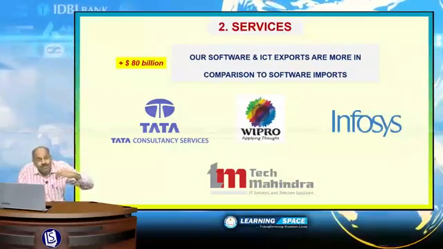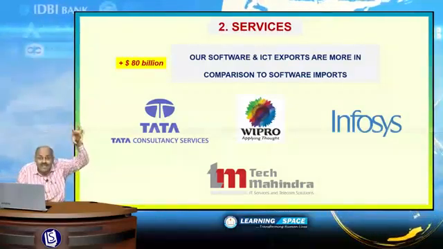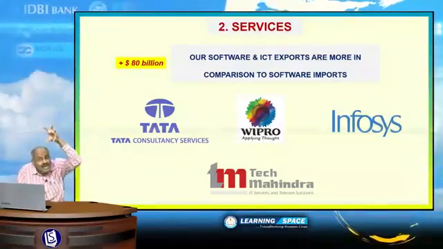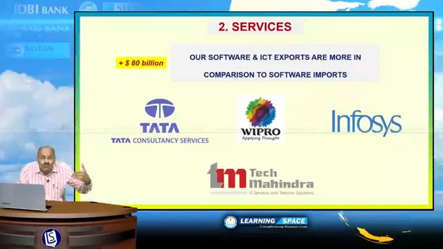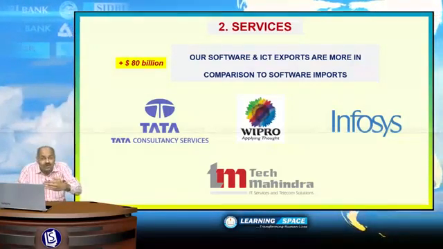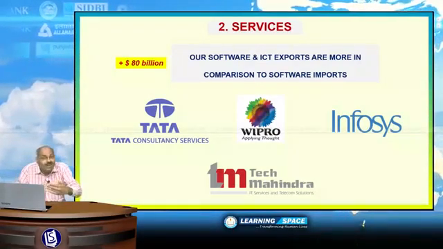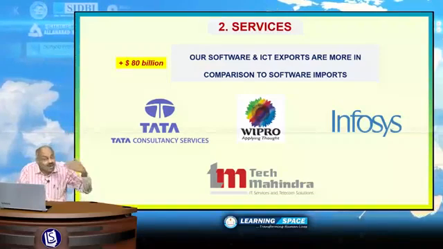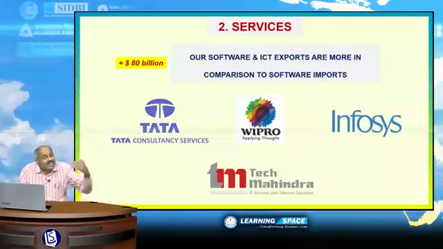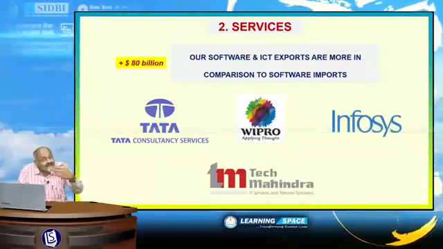The software provided by these firms is predominantly used in America and Europe, and because of which we are in surplus by $80 billion. These are rough figures. So, in services, our status is plus $80 billion.